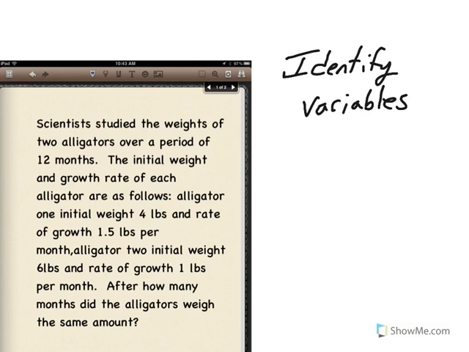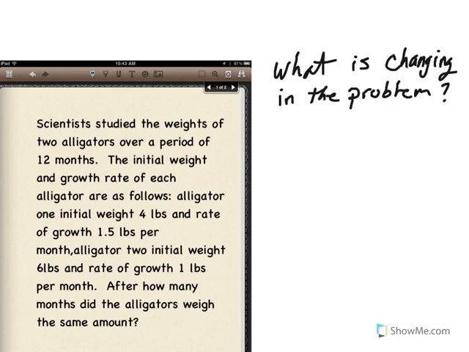Okay, we are looking for what is changing in the problem. The first sentence gives us some big clues. Scientists studied the weights of 2 alligators over a period of 12 months.